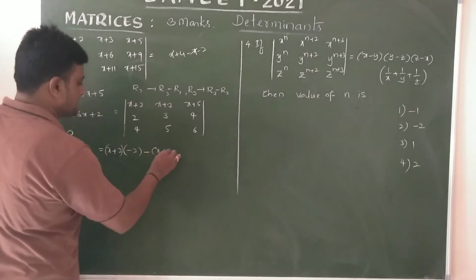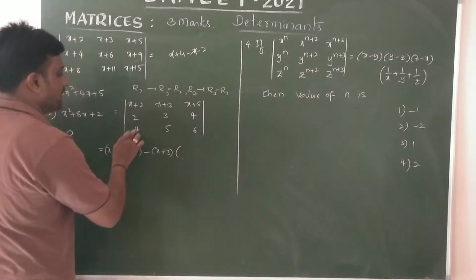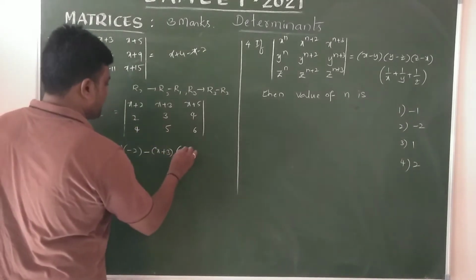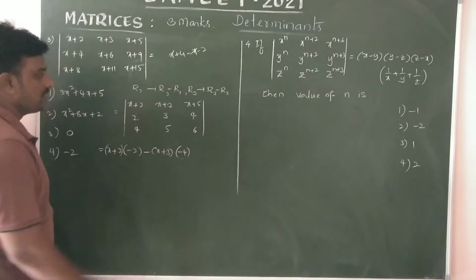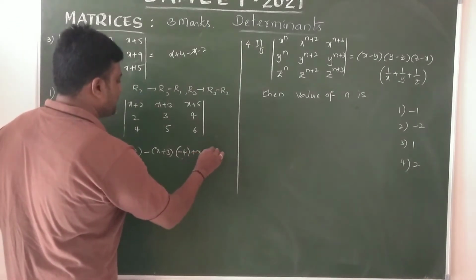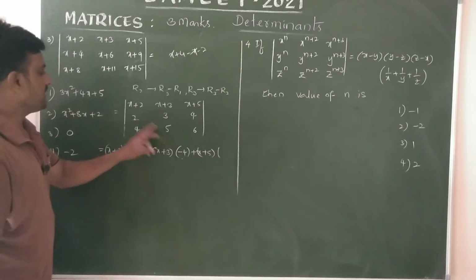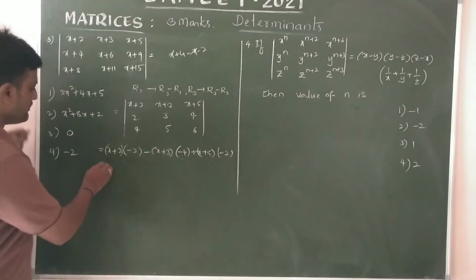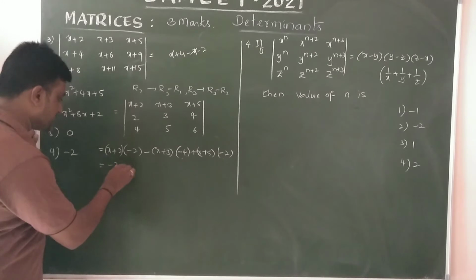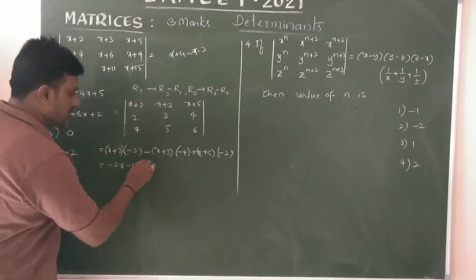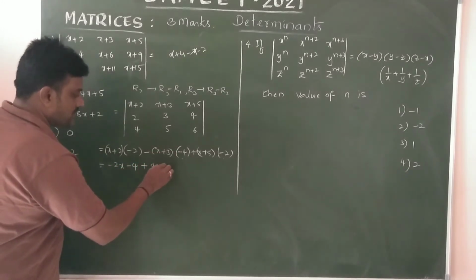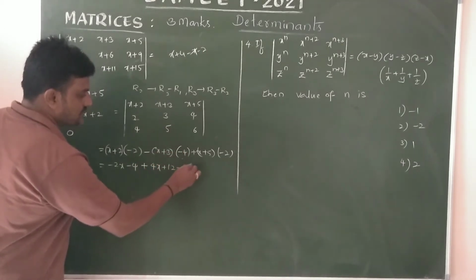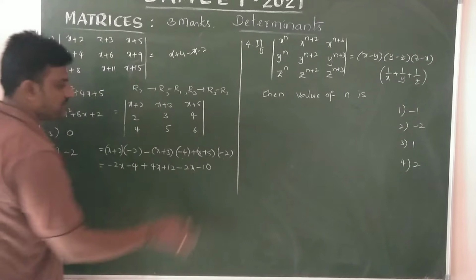Minus of x plus 3 into 12 minus 16, which is minus 4. x plus 5 into 10 minus 12, minus 2. More simplification: minus 2x minus 4 plus 4x plus 12 minus 2x minus 10.